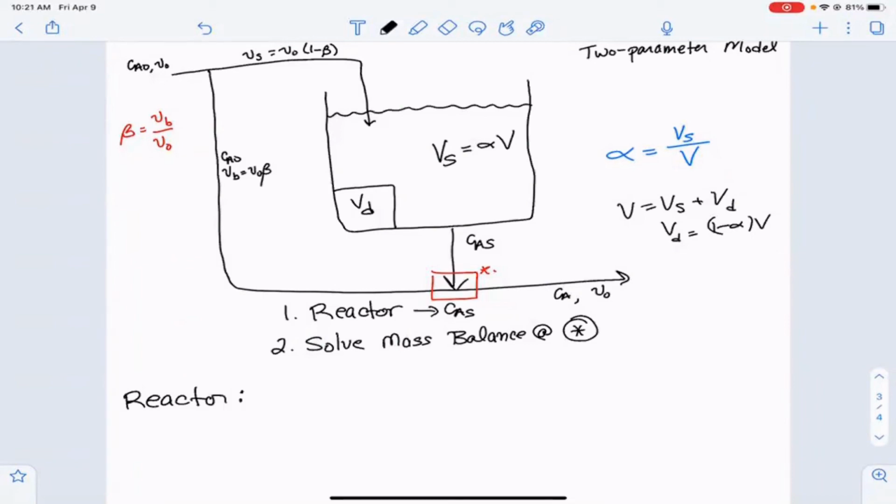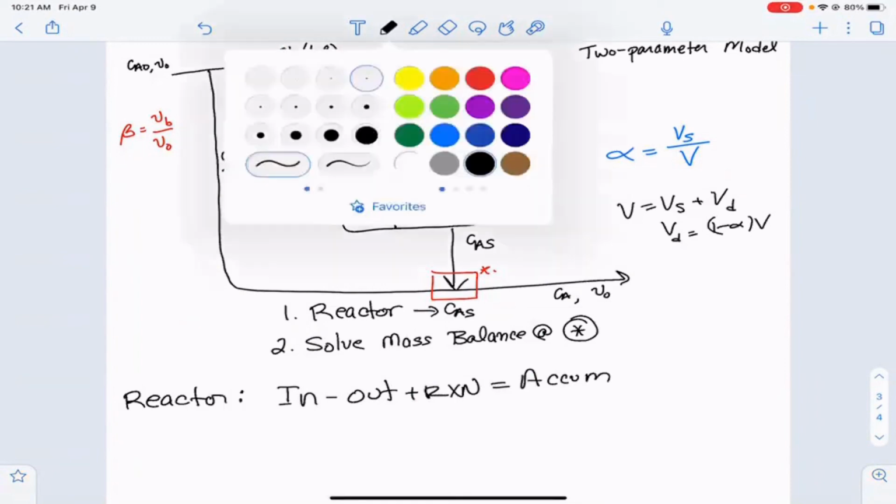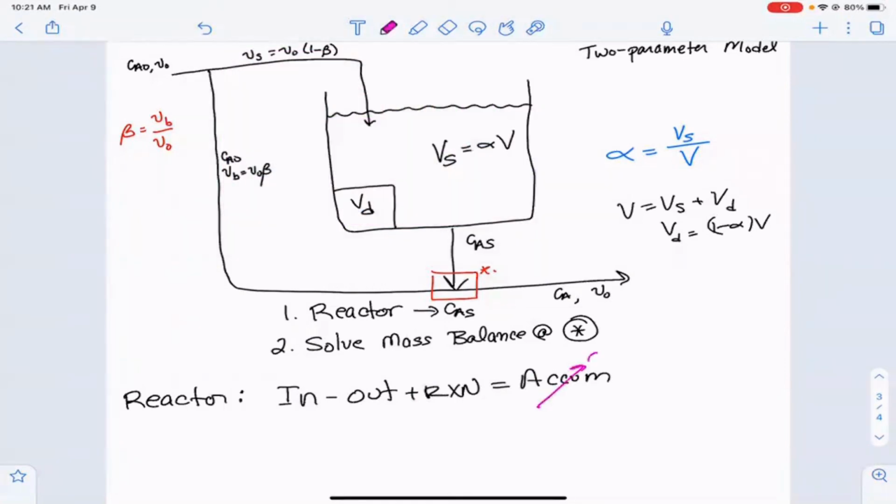So in the reactor, we have our mass balance, in minus out plus reaction equals accumulation. And now for a CSTR, we know that we can get rid of this. We're operating at steady state. So in minus out plus reaction is equal to 0.